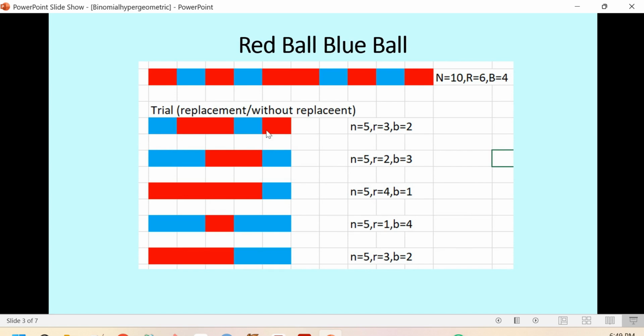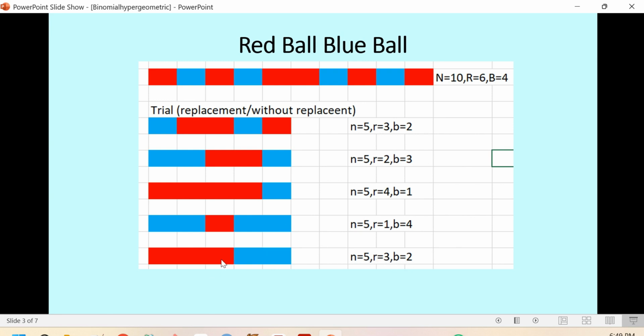Because we also take 100,000 samples, right? This sample has 3 red balls and 2 blue balls, and the next one is red 2, blue 3. The next one, red 4, blue 1, and red 1, blue 4. And again, red 3, blue 2.